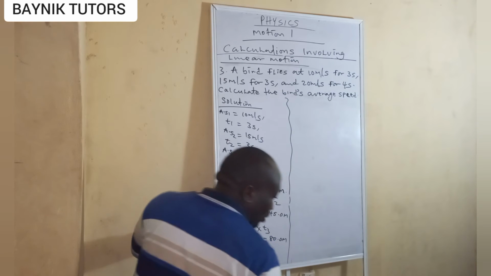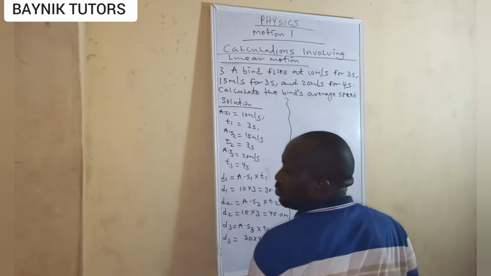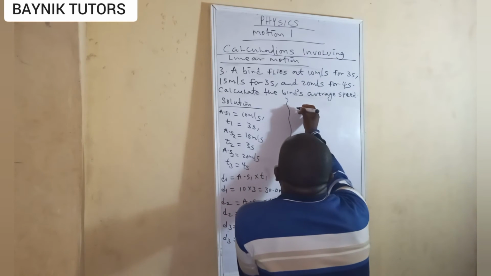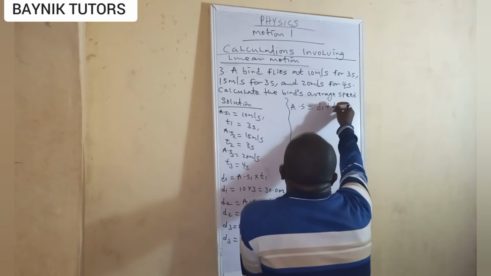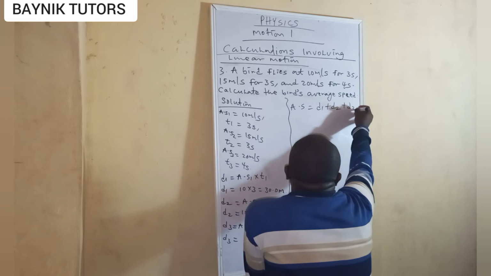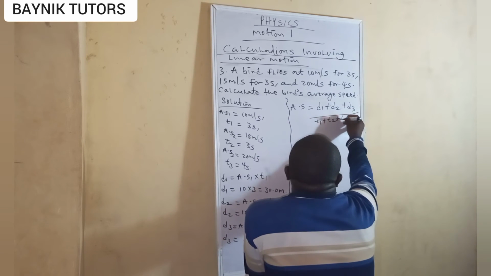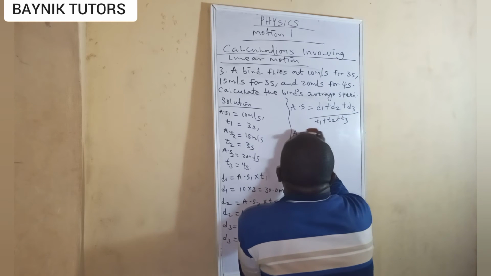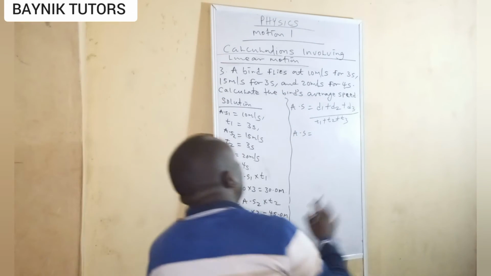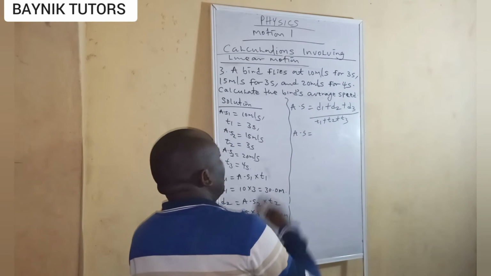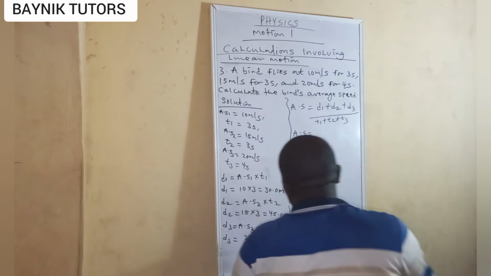So the total average speed will now be D1 plus D2 plus D3 over T1 plus T2 plus T3. It's like the total average speed, so we've converted it to distance, and we now add everything.